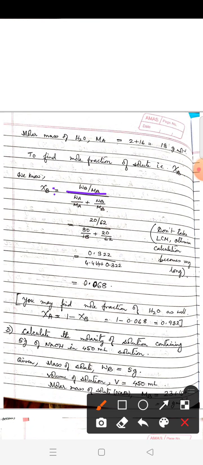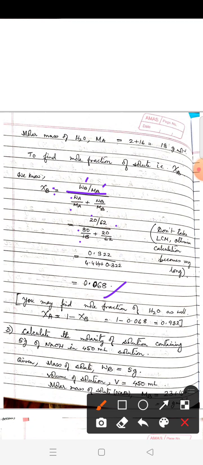So you just put the values. Wb is 20, Mb is 62, Wa is 80, Ma is 18. So you express them in terms of decimal. Don't go for LCM as I said earlier. So the answer comes to be 0.068, and mole fraction doesn't have any unit.